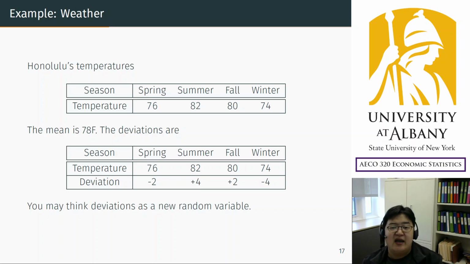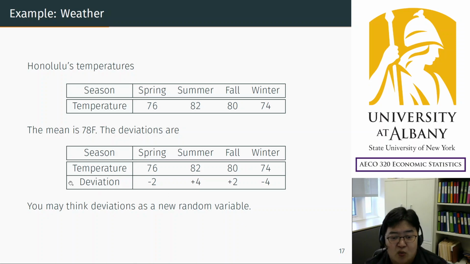To generalize the idea, you can think of the deviations as a transformed random variable. Your original observations are temperatures, and you transform them into deviations by subtracting the mean. Then the deviation itself is another random variable. We learned about transformations of random variables in the previous chapter. We are doing pretty much the same thing, right? It's another kind of transformation.